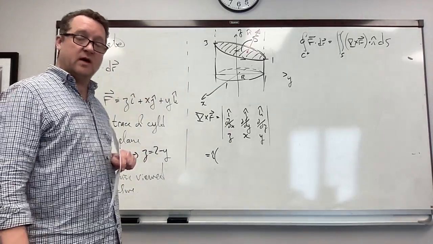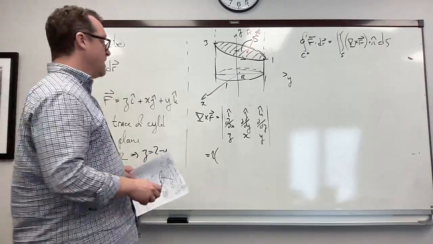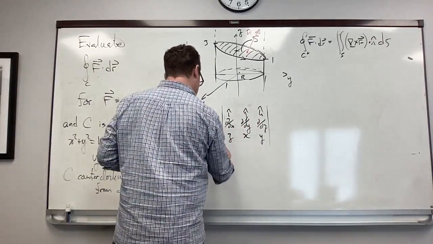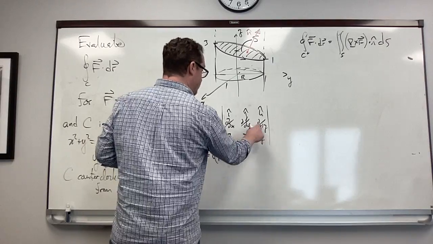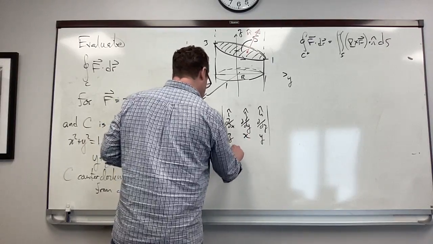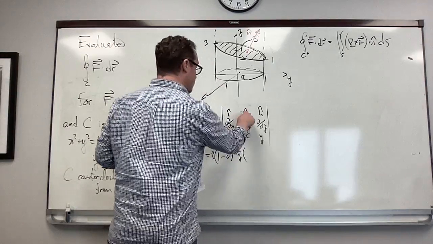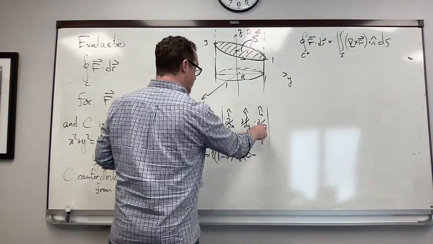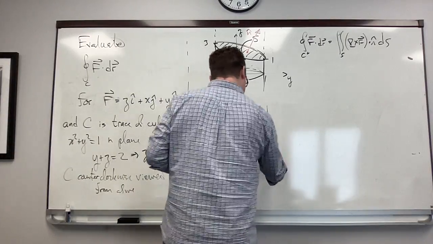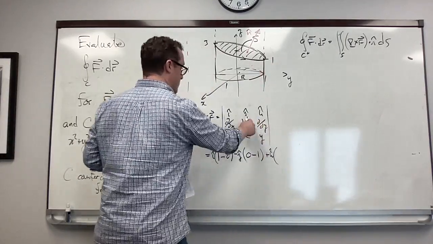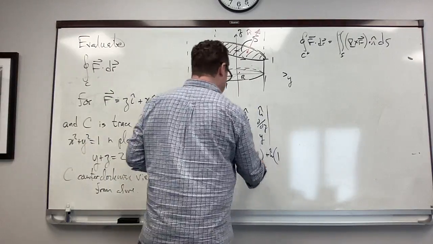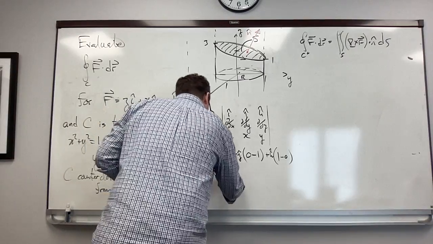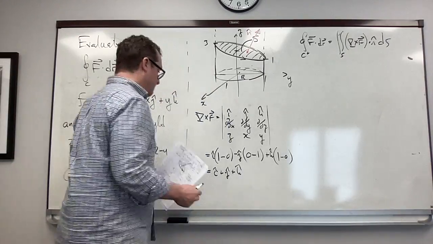I go i, and then take the remaining determinant: ∂/∂y of y, which is 1, minus ∂/∂z of x, which is 0. Then minus j: ∂/∂x of y is 0, minus ∂/∂z of z is 1. Then plus k: ∂/∂x of x is 1, minus 0. So this equals i plus j plus k.